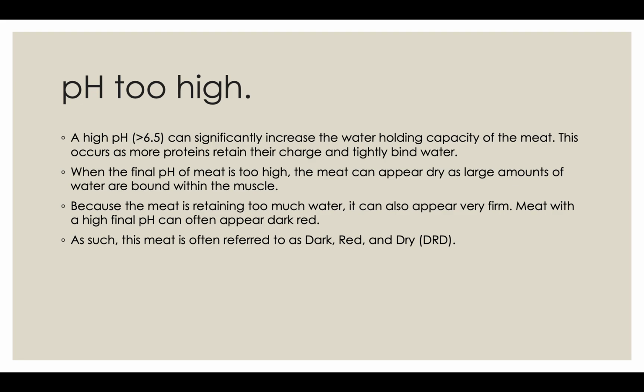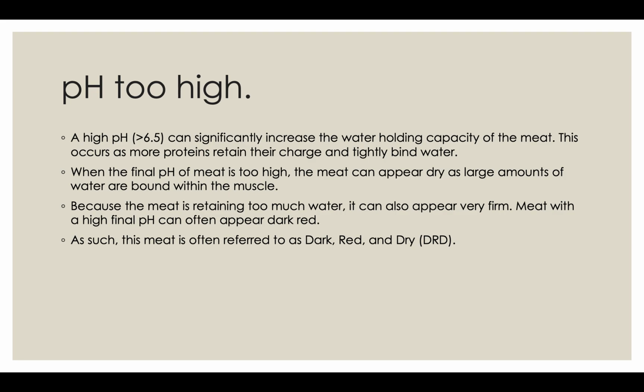If pH becomes too high, in this case, a high pH, which is above 6.5, can significantly increase the water holding capacity of meat. This occurs as more proteins retain their charge and tightly bind the water. When the final pH of meat is too high, the meat can appear dry as large amounts of water are bound within the muscles.